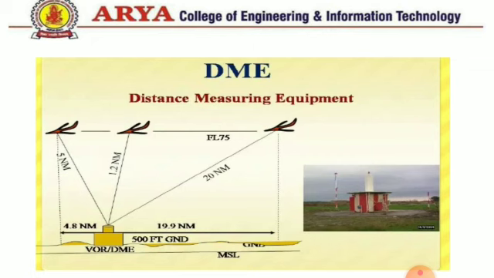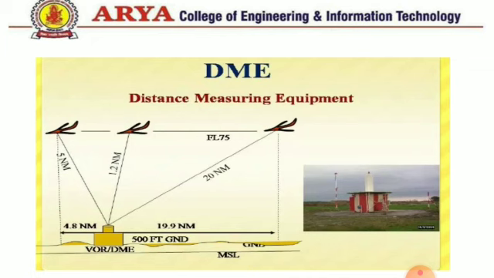Here from the aircraft we send a signal towards the ground station, and the ground station antenna receives it, processes it, and with a certain amount of delay transmits another signal that is received at the aircraft, and the total delay is used to get the distance indication.